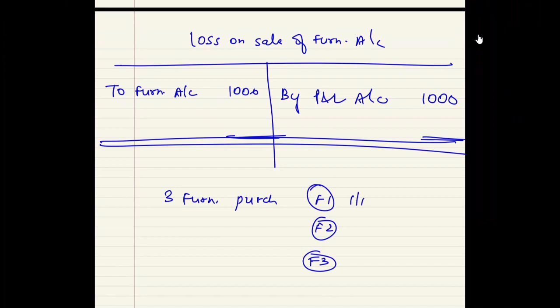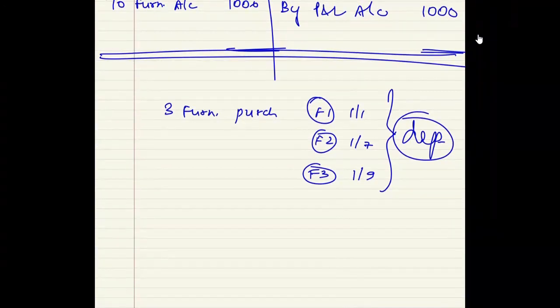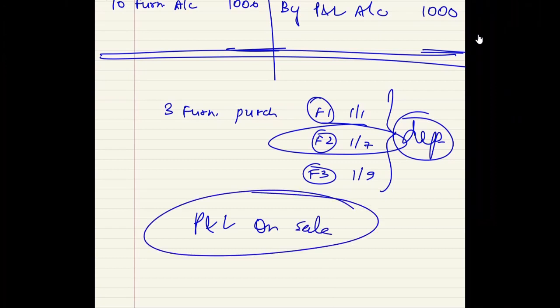One is purchased on 1st of January, second is purchased on 1st of July, third is purchased on 1st of September. So accordingly, you need to calculate the depreciation for all of the three. And there might be a case that one of the furniture is sold. So we need to calculate the profit and loss on sale of that furniture. Okay, so that complication we need to do. We will do it whenever we have some examples.